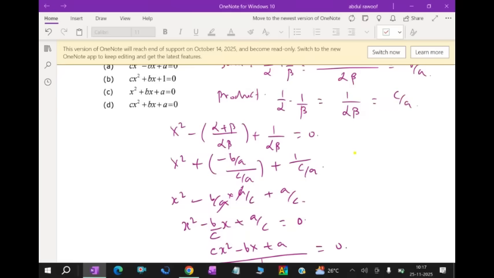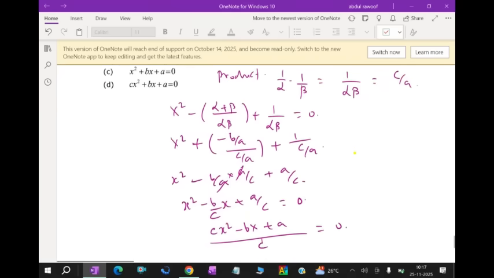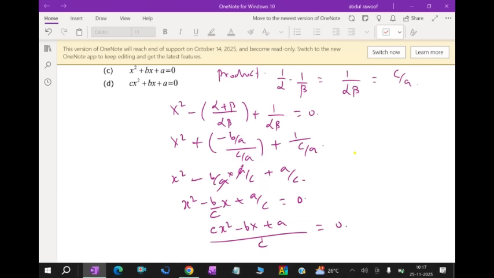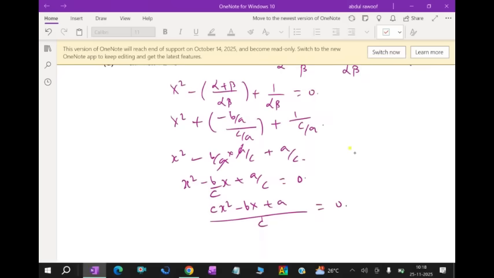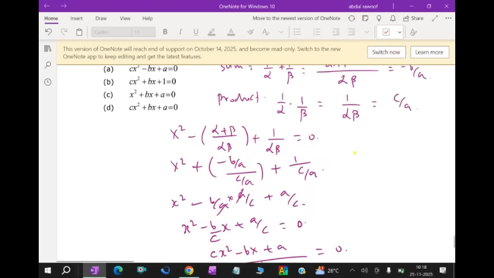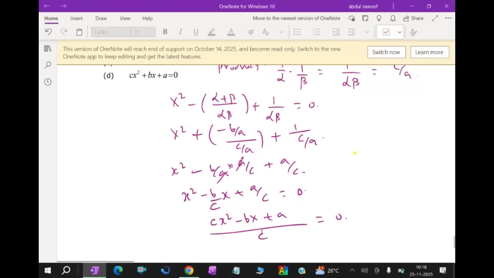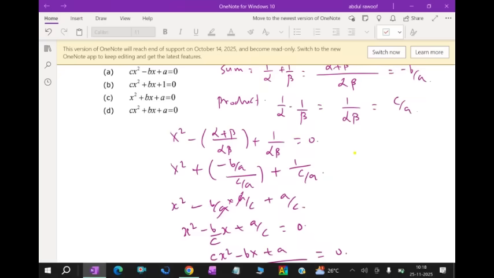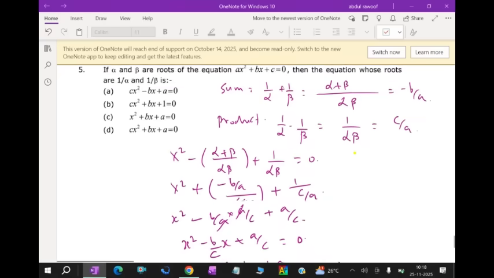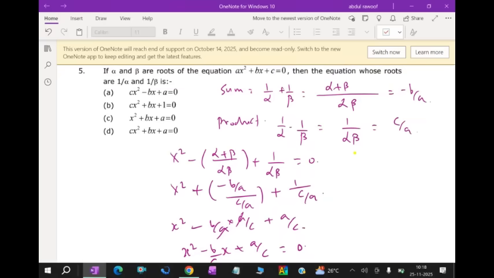Cx squared minus bx plus a, which is look at your material. This one x squared minus sum of the root. Sum of the root is this.